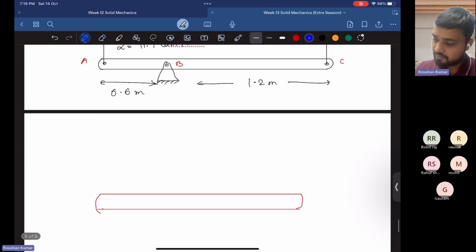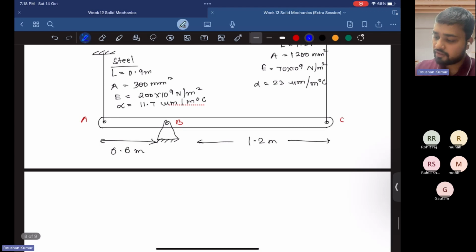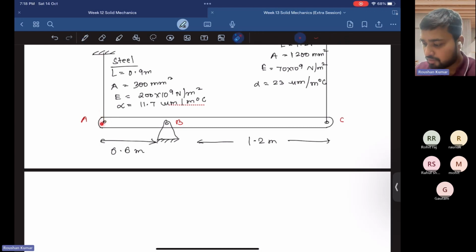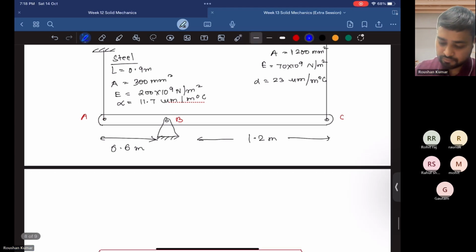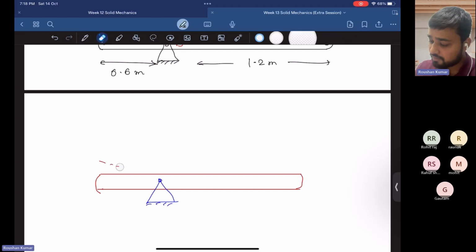That means the steel bar is trying to reduce, and this is the pinned support. So this point will go upward, and there is a hinge support. The final configuration after the deformation will be like this.